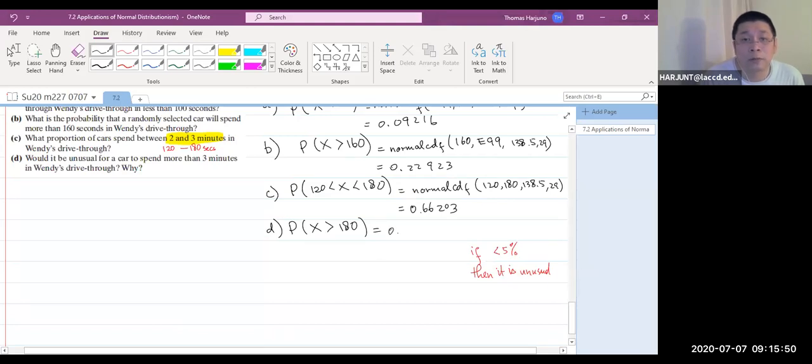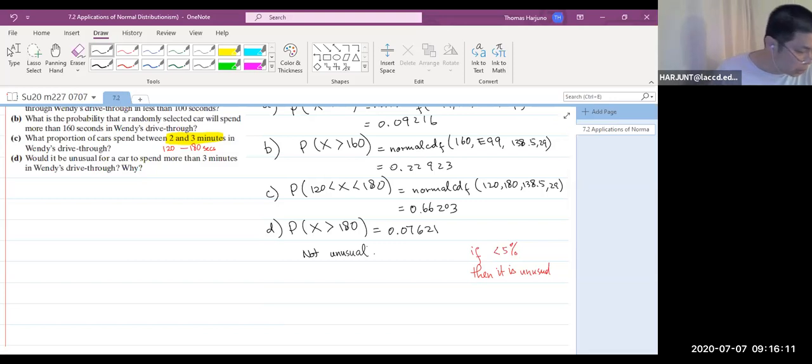Oh, it's more than 5%, so not unusual. Okay, because it's more than 5%. That's for this one question. I would like to do more problems, but this is where it gets a bit tricky.